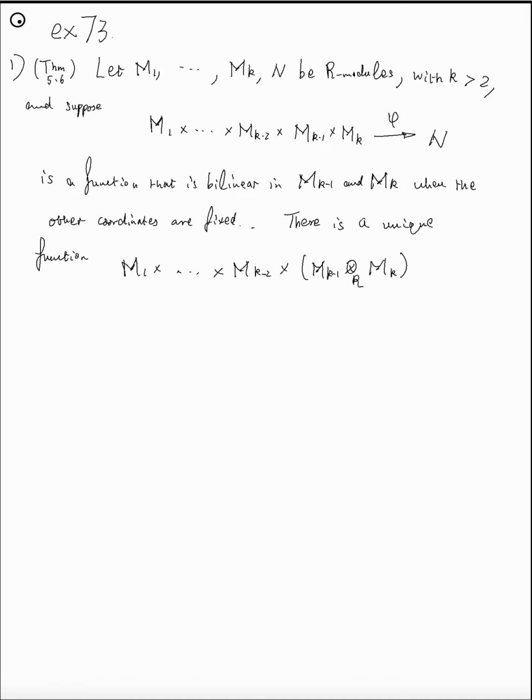For our bilinear positions, we get really a tensor. And this one is linear in this restricted part when the other coordinates are fixed.